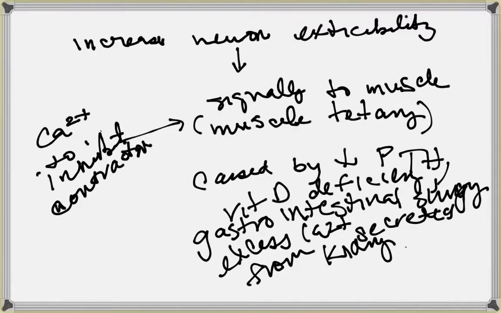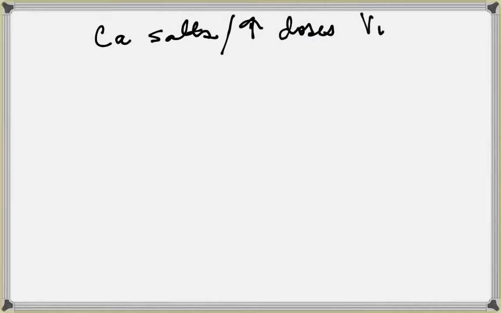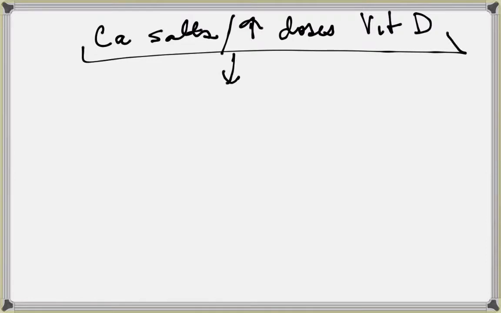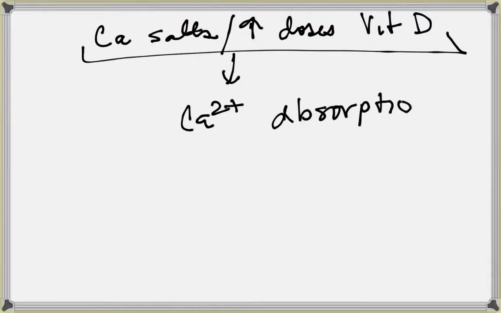So how do we fix this? Well, it can be treated with administering calcium salts and high doses of vitamin D. And what these together are going to essentially help with is calcium absorption. So that's how you can get those electrolytes imbalanced.